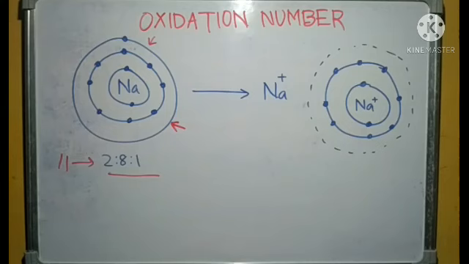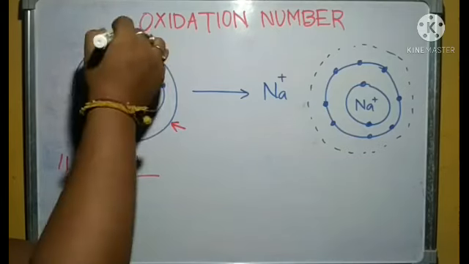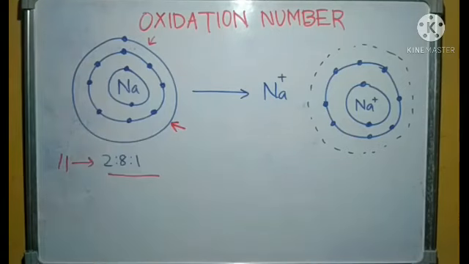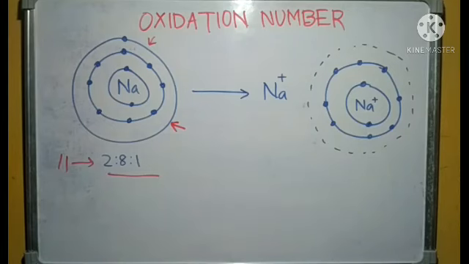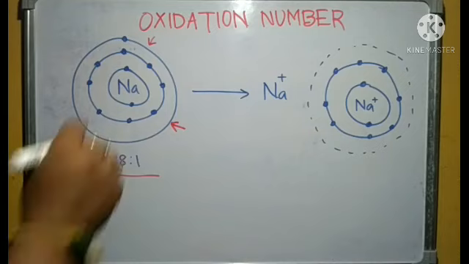Here, in the case of sodium, we know that the valency is 1. Why is the valency 1? Because to fill up its valence shell we need a total of 8 electrons. Sodium already has 1, so we need 7 extra electrons. Sodium cannot get 7 electrons from another element, so what will it do?